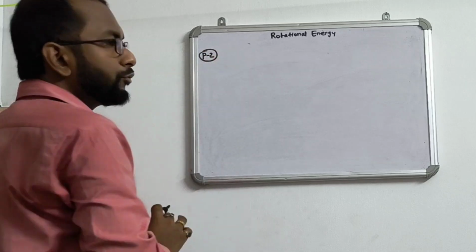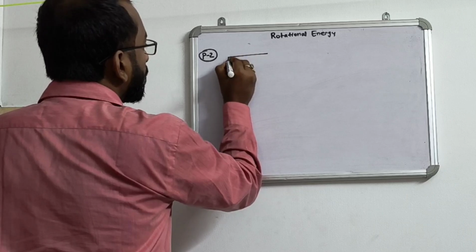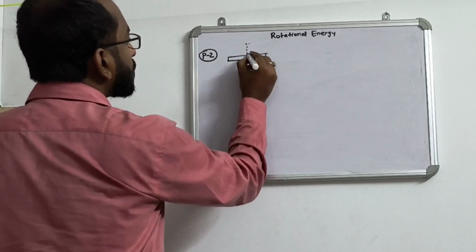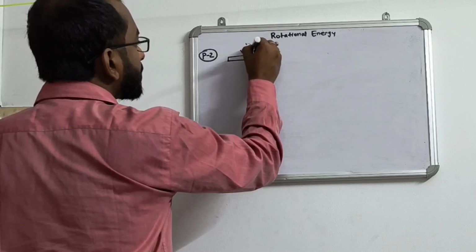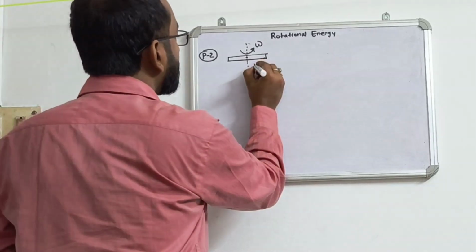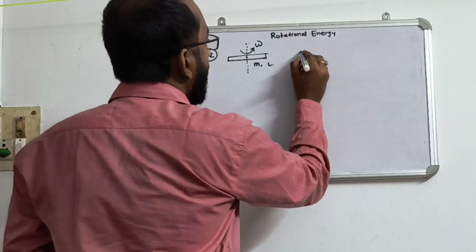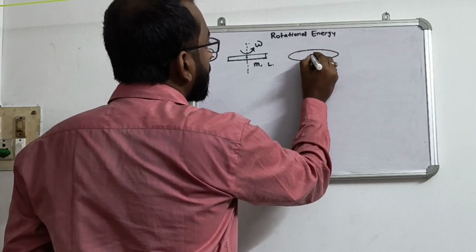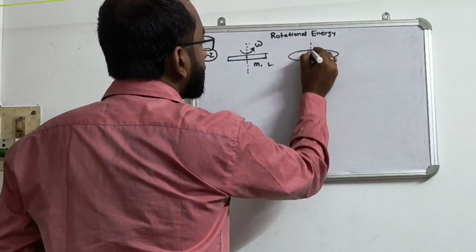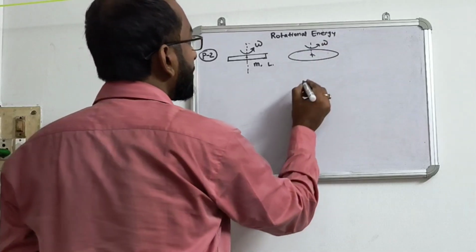The next problem we will solve is this. One rod is rotating with respect to its center of mass with angular velocity omega. The mass of the rod is m and length is L. Another disc is rotating with respect to this axis with the same angular velocity omega.